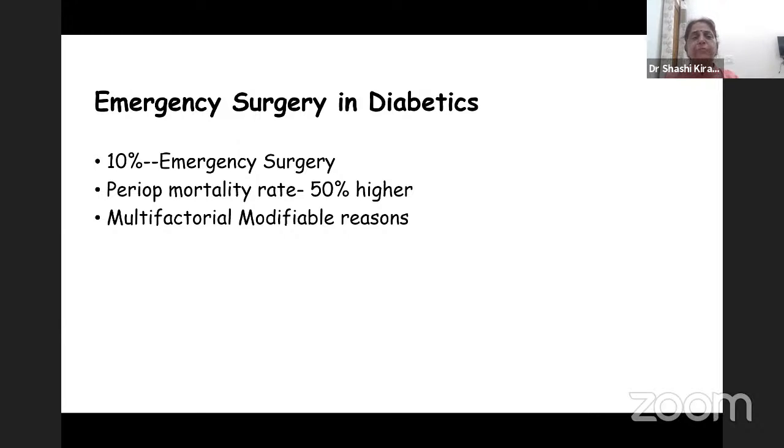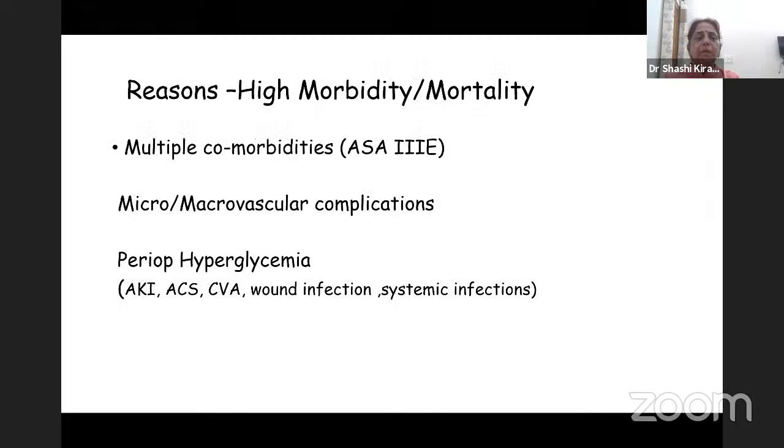It is seen that 10% of the patients having diabetes present for emergency surgery, and the perioperative mortality rate is 50% higher, and this is because of multifactorial modifiable reasons. What are the reasons?